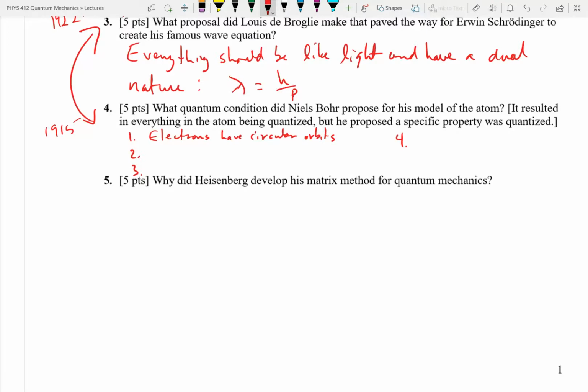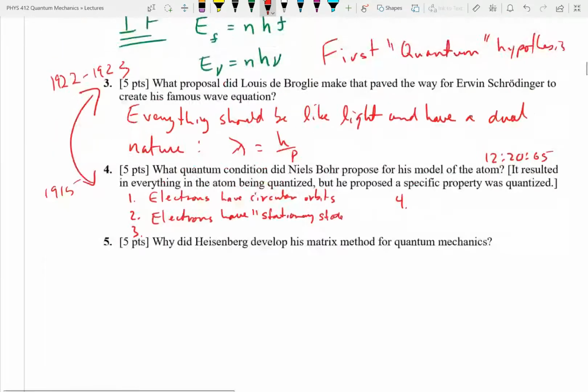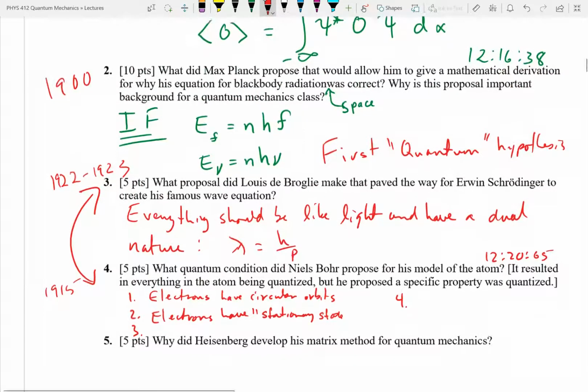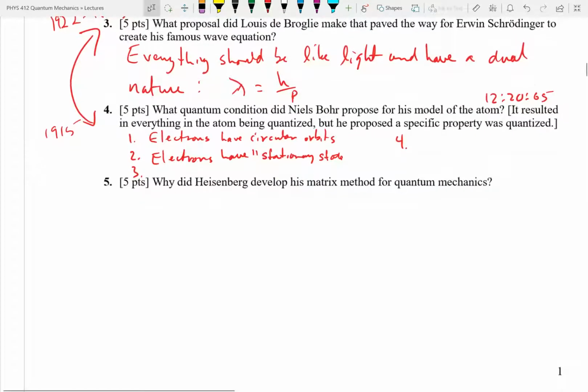No. Number 2. What happened? I was looking down, so I didn't see it, but judging by the clock now, that's just under 4 minutes.